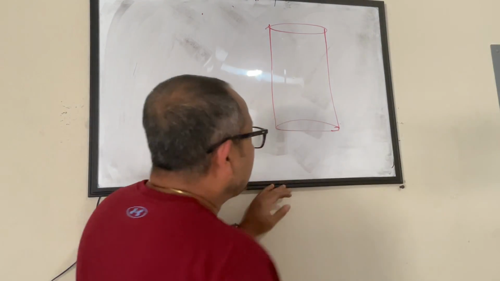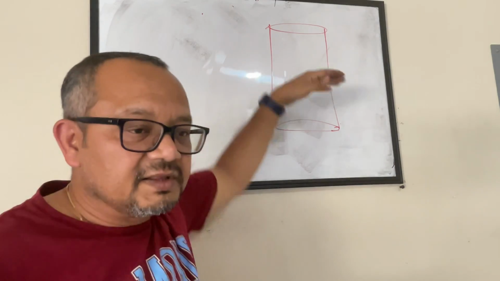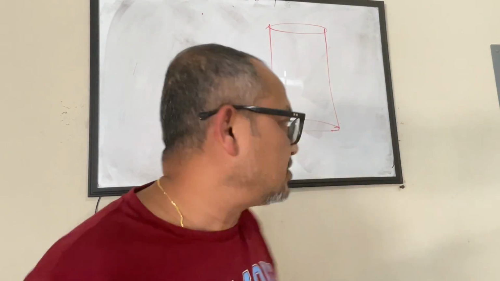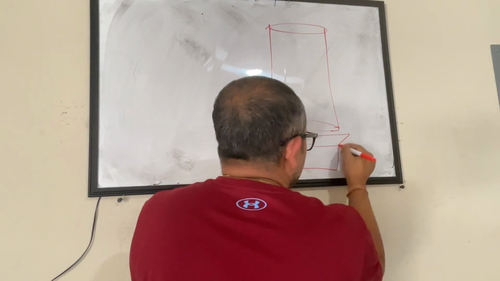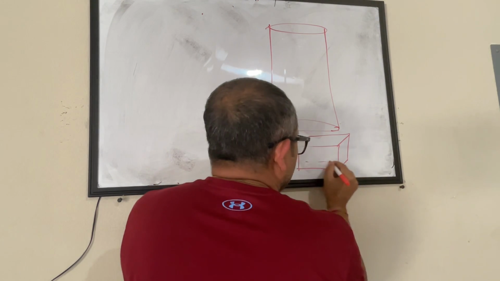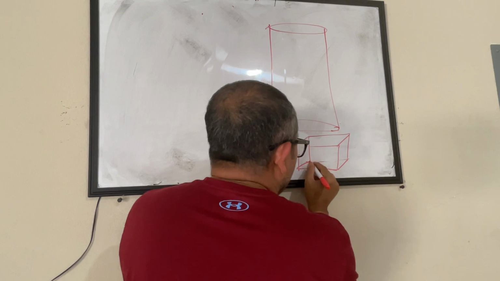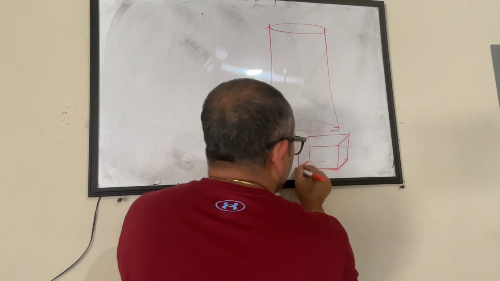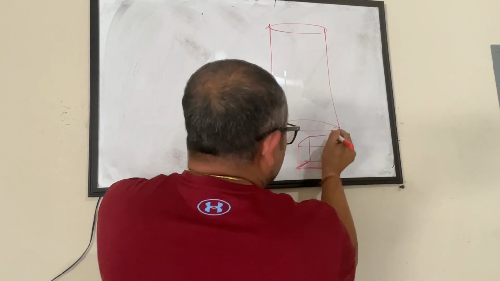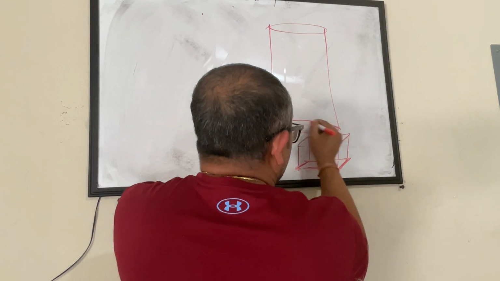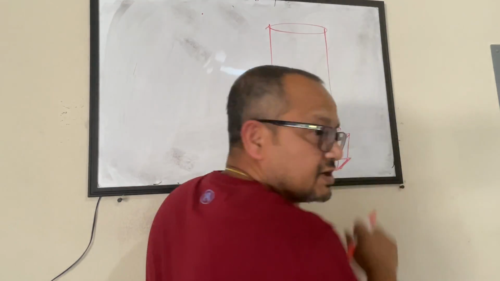If you look at this, it is nothing different from what we saw in the case of a cuboid. What we had there was a rectangle like this with height added to it. Here we have a circle at the base and there is a height added to it.